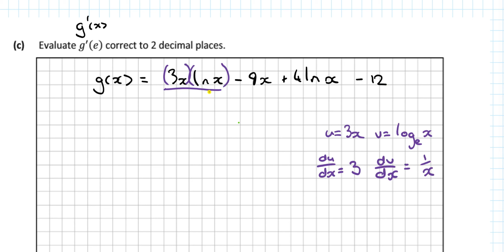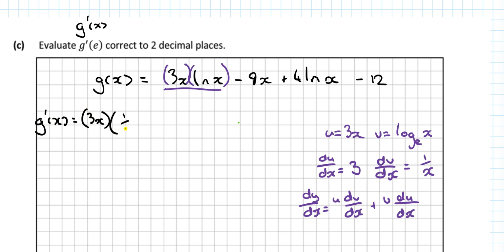So when I differentiate it using the product rule, remember, dy dx is equal to u dv dx plus v du dx. g dash of x is equal to u, so that's 3x by 1 over x, plus v, which is log to the base e of x, times 3.